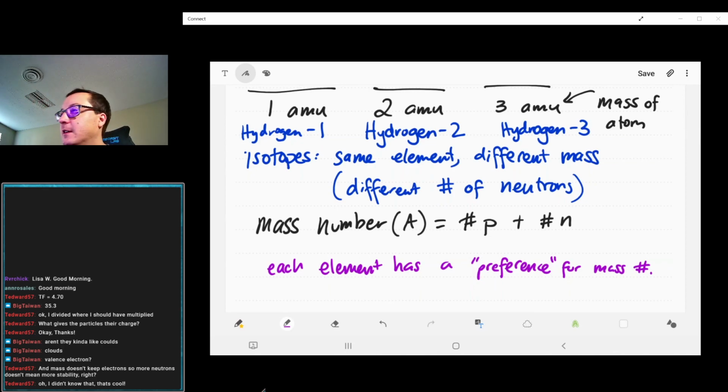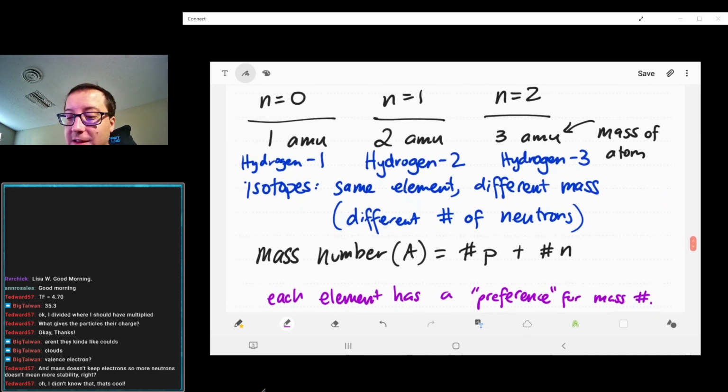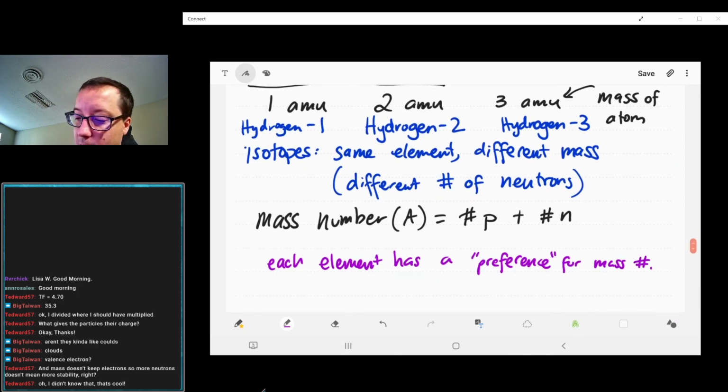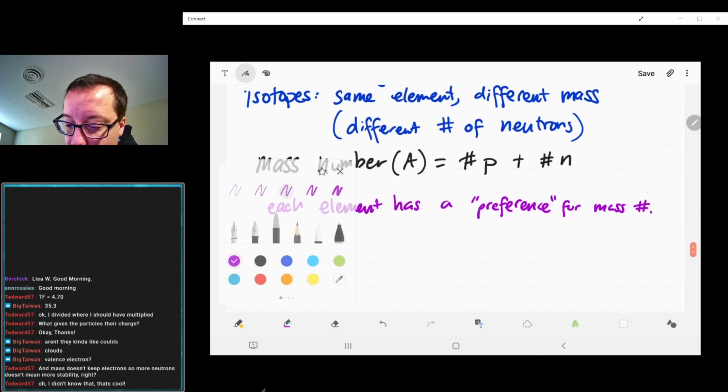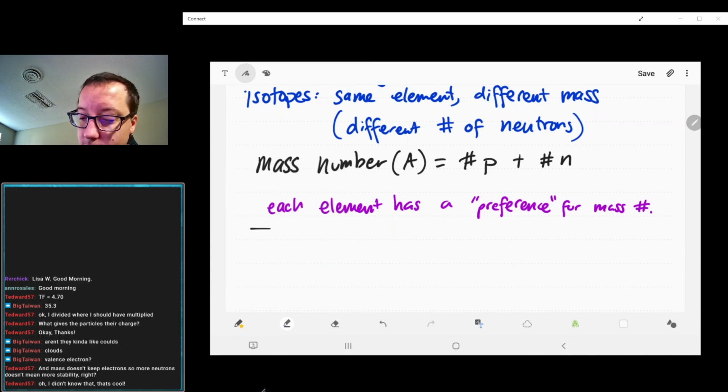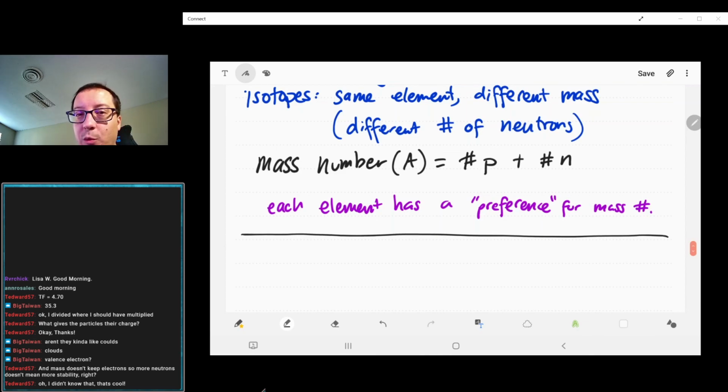Cool. So suffice it to say that there will only be certain isotopes of any given element. And some of those isotopes are much more favored than others. We'll talk about that in 3B. But for right now, we're just kind of doing definitions. We often will, let's mess with electrons first. And then we'll come back to this.